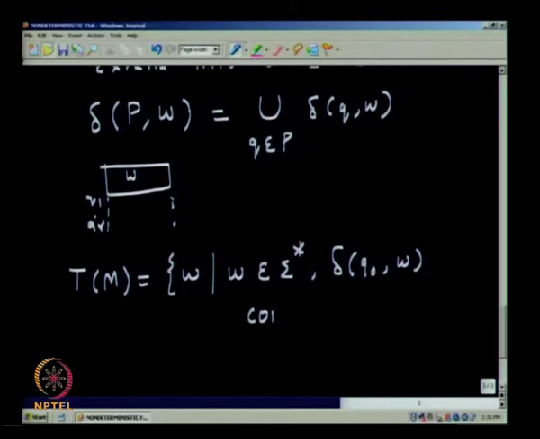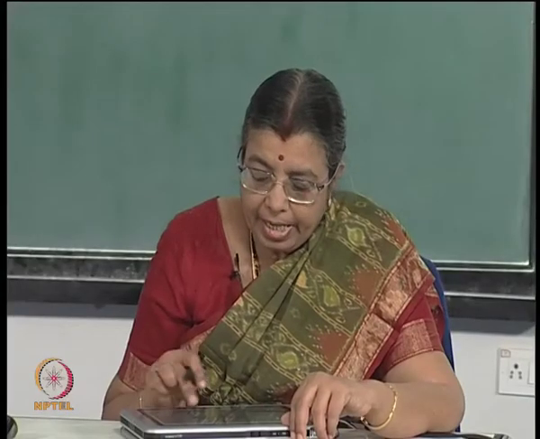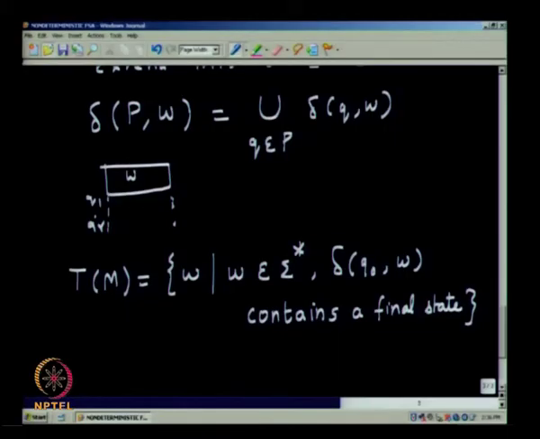If delta of q naught, w contains a final state, this denotes a set of states, at least one of them should be a final state. In that case, w will be accepted. If delta of q naught, w has one final state at least, then w will be accepted. The language accepted contains such strings.